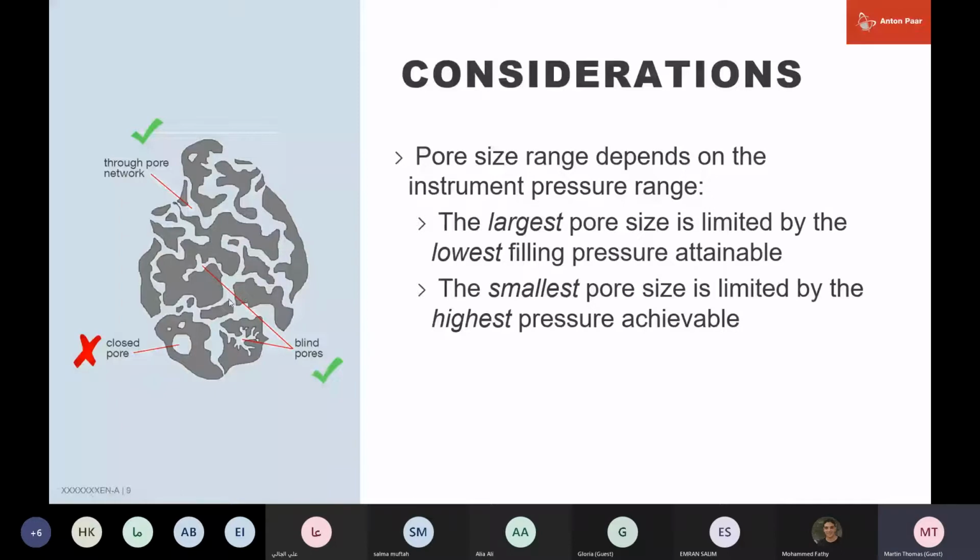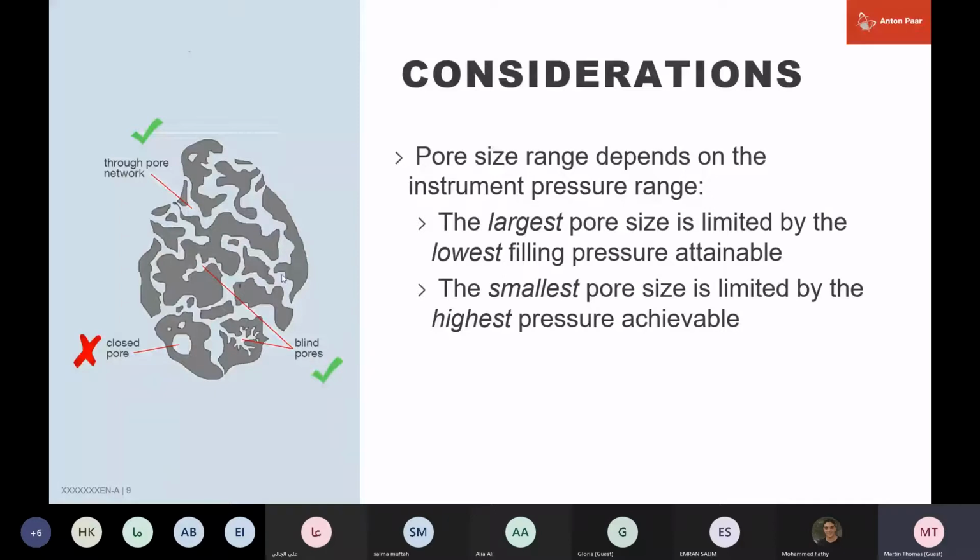So this larger pore space is only accessible through narrower channels. Okay, so this is called the pore throat. In your application, it's called the pore throat.